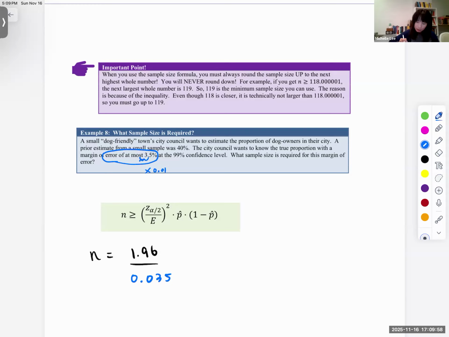Okay. Now, don't forget to square. And then p hat, which is 40%, right? So 0.4, that's p hat. So 0.4 times 1 minus 0.4, over 0.035 squared.